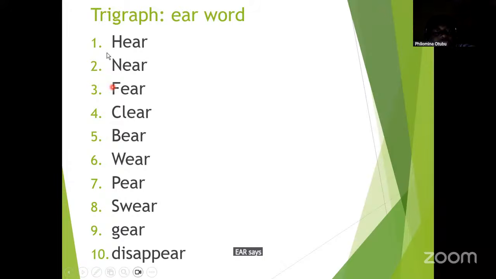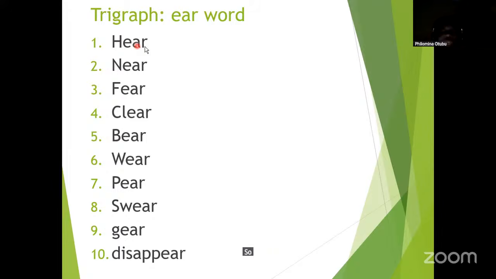And we have it in words like hear, near, fear, clear, bear, wear, pear, swear, gear, disappear.